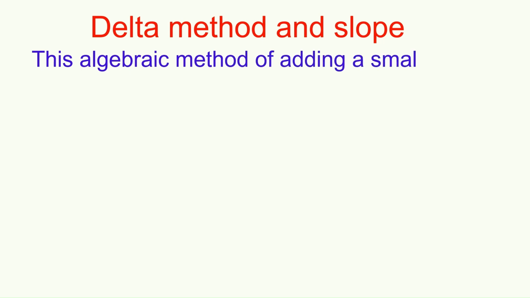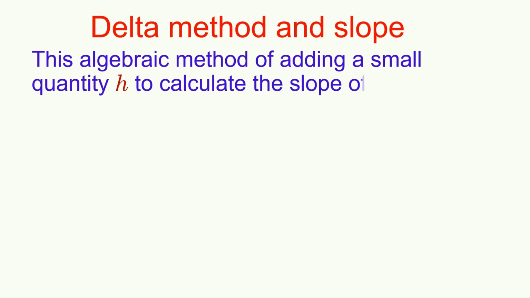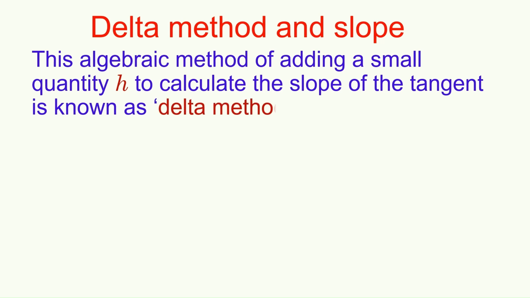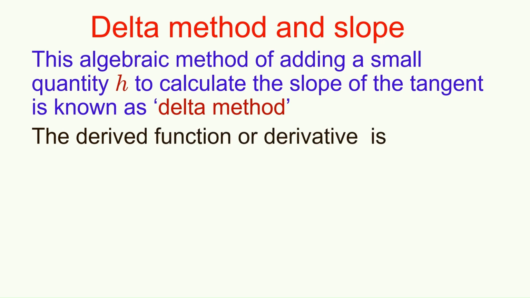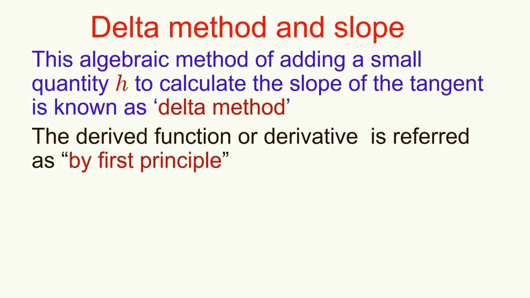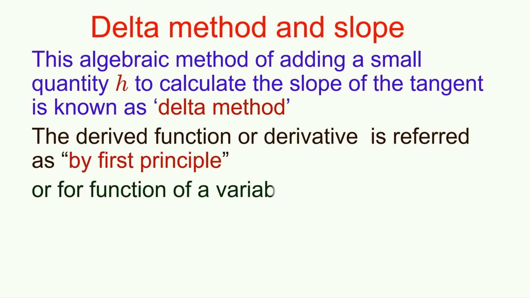Delta method and the slope. This algebraic method of adding a small quantity h to calculate the slope of the tangent is known as the delta method. The derived function or derivative is referred to as by first principle, or for a function of a variable y equals f of x.